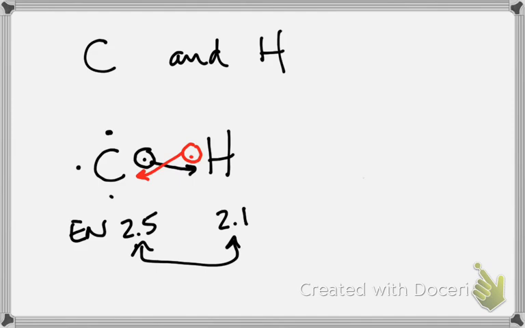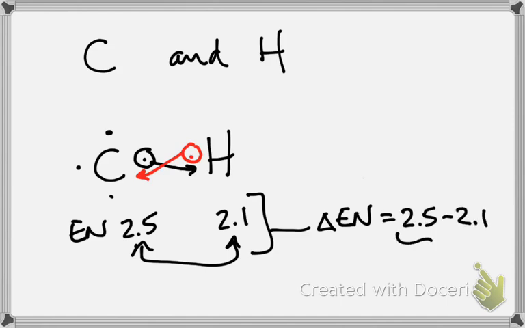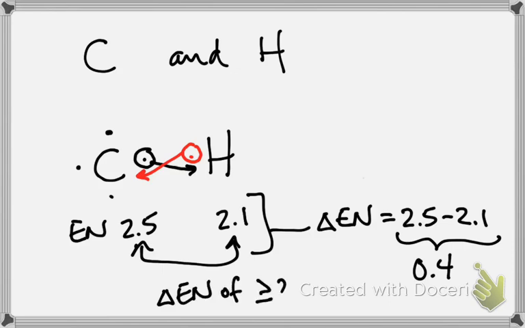The other thing we talked about a bit was we have certain cutoffs where if you're looking at the difference in electronegativity, so difference in electronegativity is like in this case saying, okay, 2.5 for carbon, 2.1 for hydrogen, so the difference between them is 0.4. Now we typically say that if you have an electronegativity difference of greater than or equal to 2, then that's going to be a steal is possible.